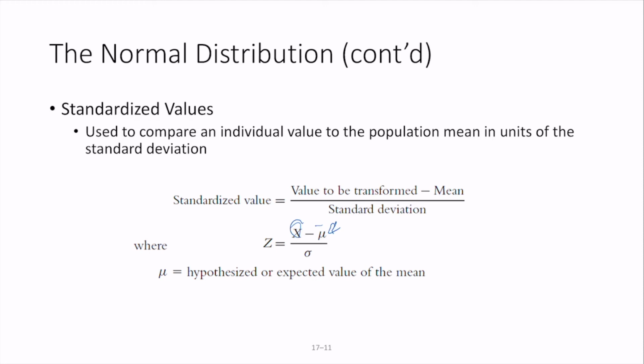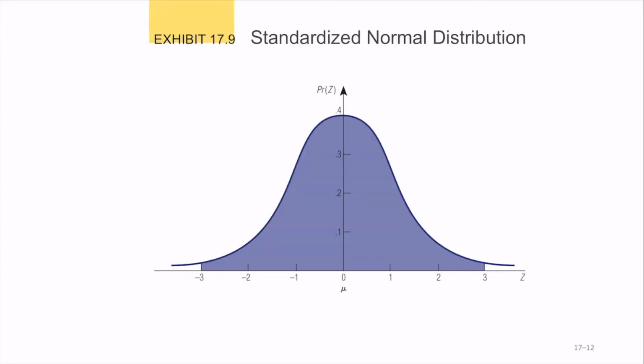And you see here the mean is hypothesized, or it's an expected value of the mean. And here is the mean, 0, as we saw, 1, 2, 3, negative 1, negative 2, negative 3. If you remember, we said that the deviation in a standard curve is 1, and you have a value of 0 here.